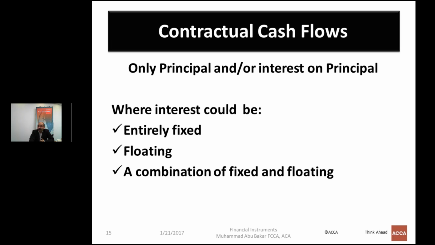Convertible bonds do not fulfill the criteria of contractual cash flows because of the inclusion of the conversion option, which is not deemed to represent payments of principal and interest. So that's why convertible bonds will not satisfy the criteria of contractual cash flows.